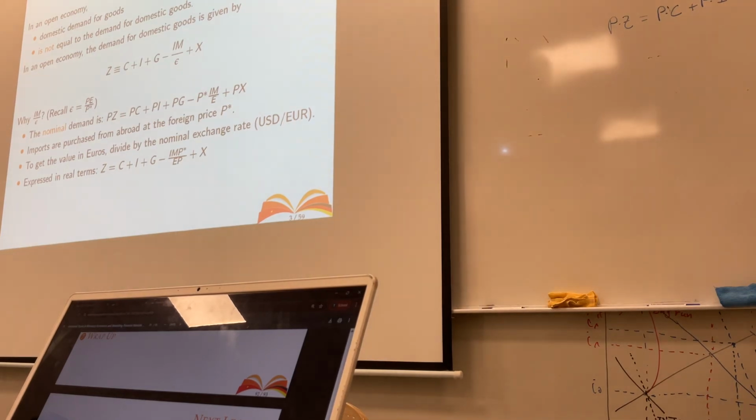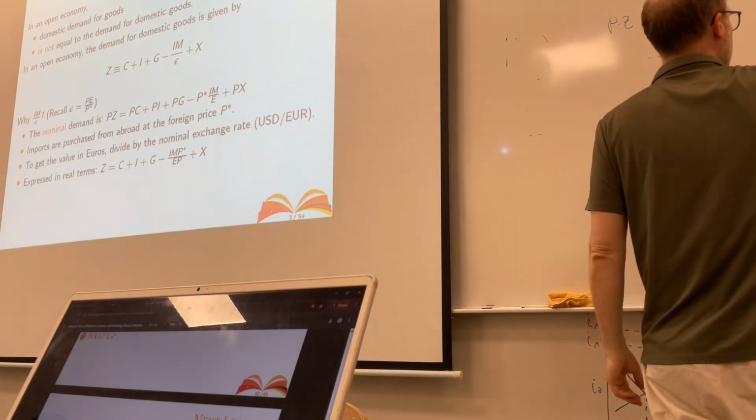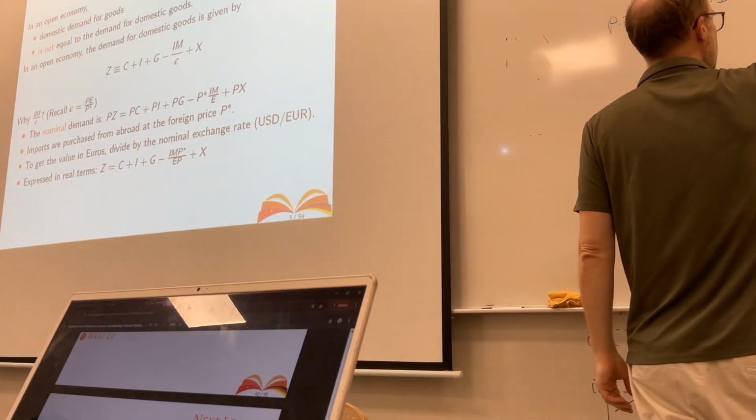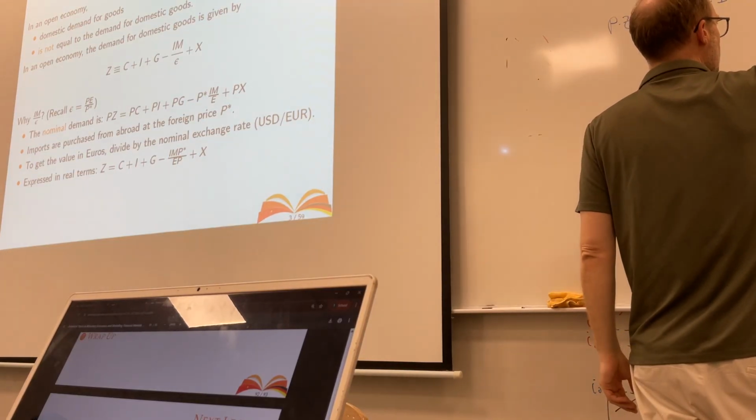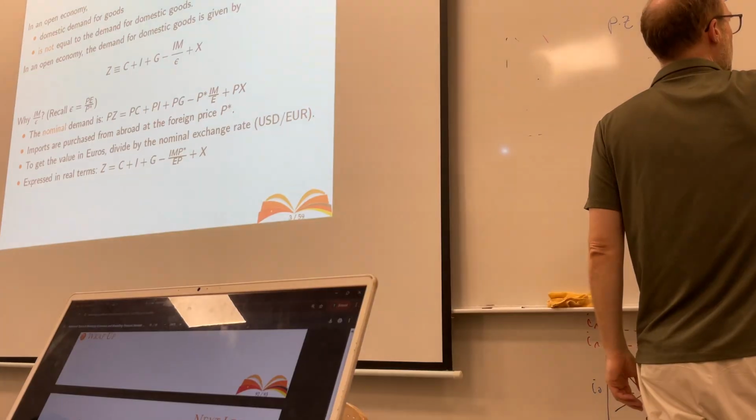If we define it like this, so this is the price of, in terms of just the quantities, equals euros.